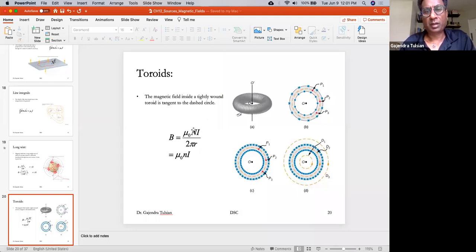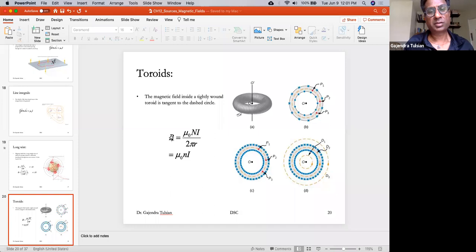N over 2 pi r is the number of turns divided by the circumference of the toroid, which gives you little n, the number of turns per unit length. So the magnetic field inside the toroid is given by mu naught, the number of turns per unit length, times I.